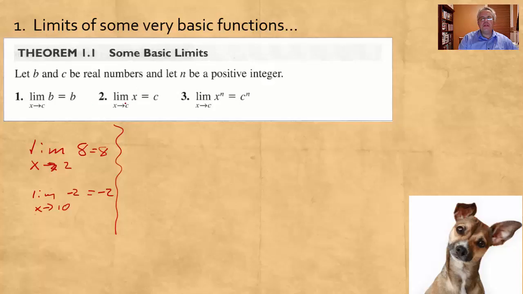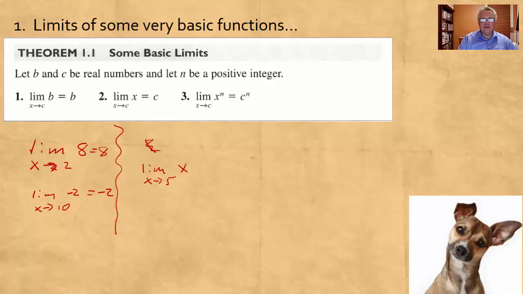Let's try to make sense of this one. The limit as x approaches a number c of x is equal to that number. So here we go. Let's take the limit as x approaches, say, 5 of x. Well, this kind of makes sense. As x gets closer and closer to 5, the value of the function is equal to x, so the value of the function is going to get closer and closer to 5 also.